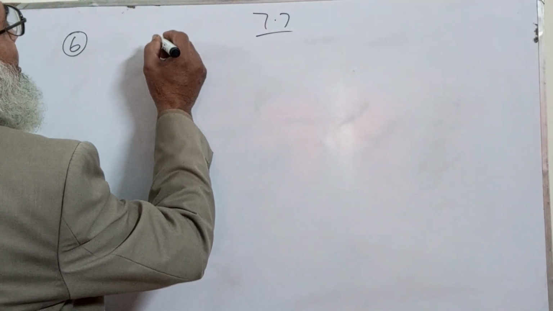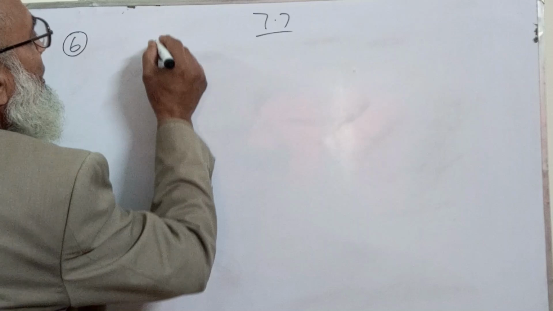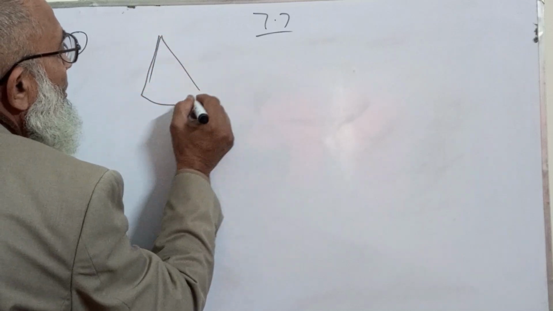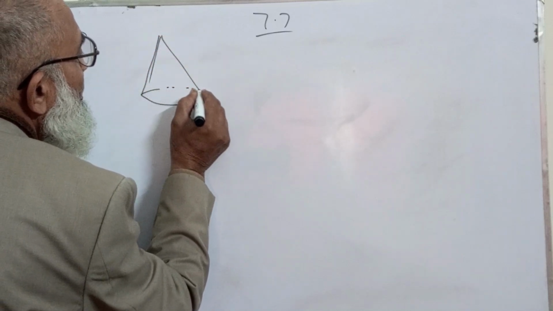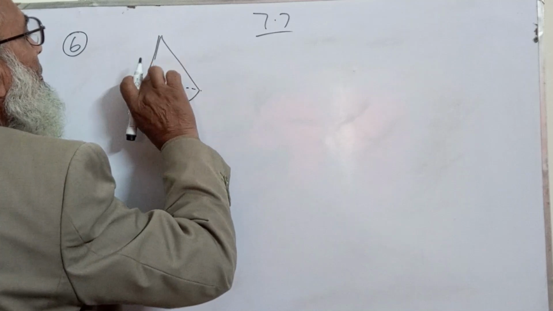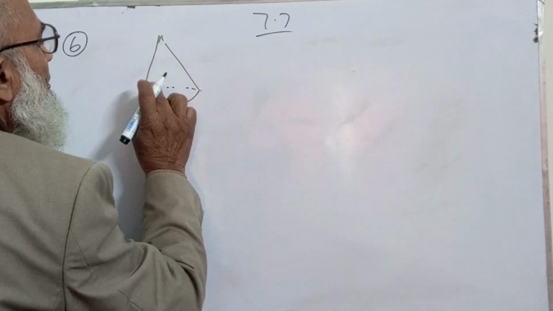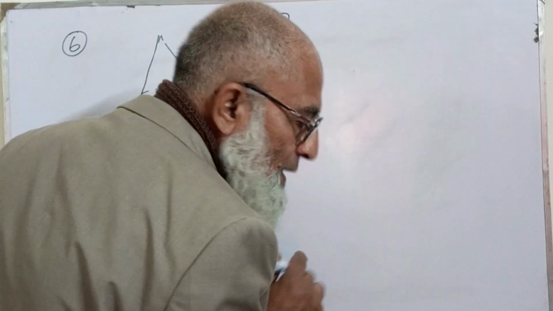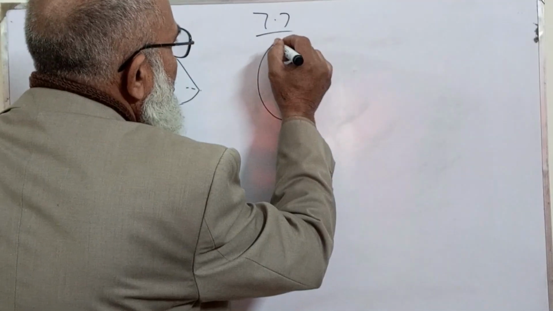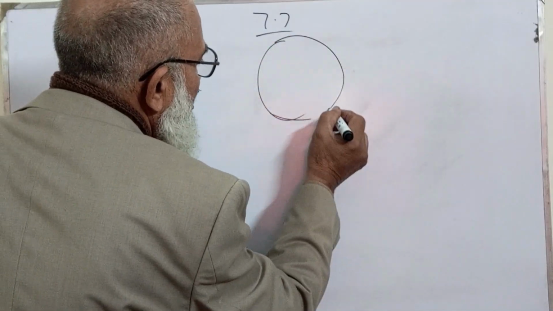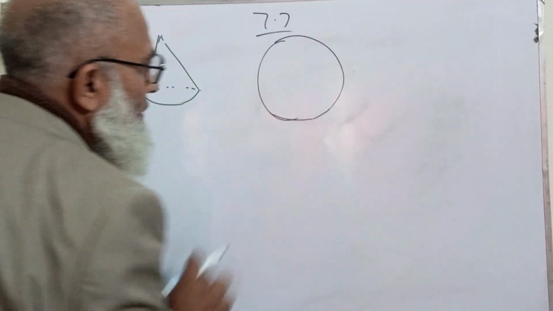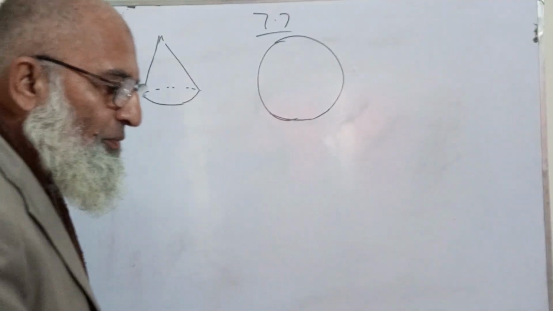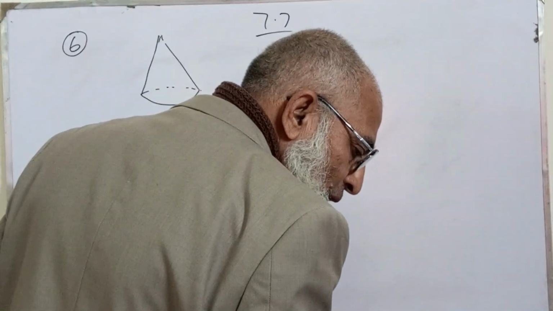Seems to be an easy question. Okay, now this is a cone, and this is a sphere.